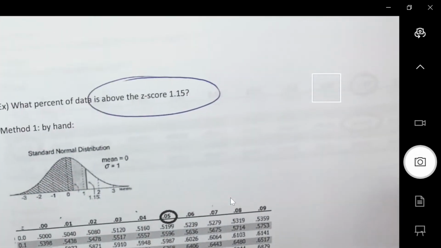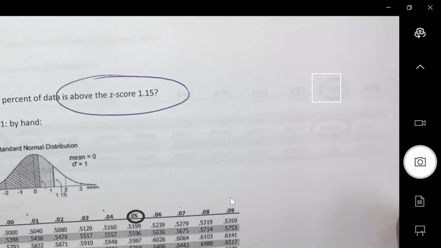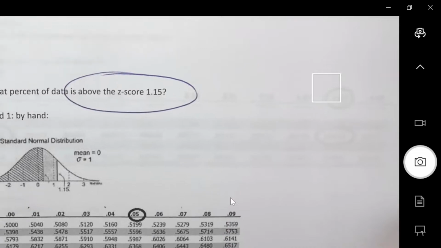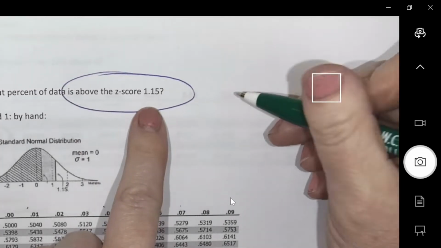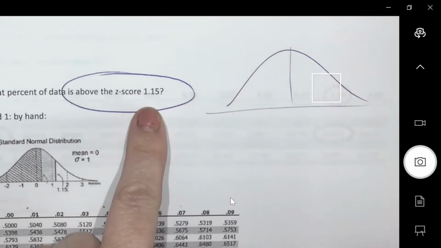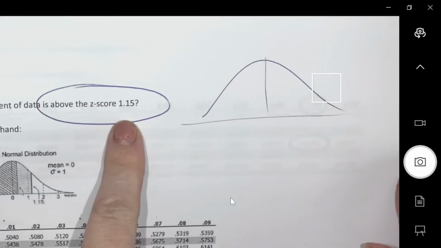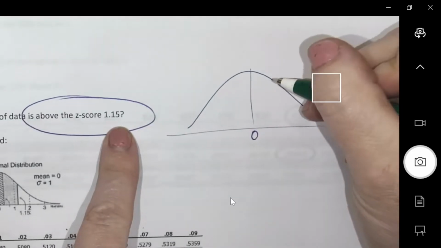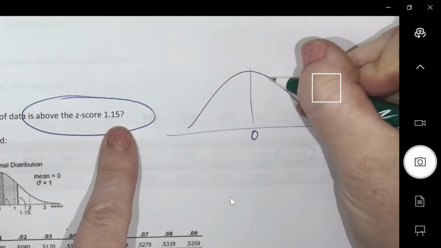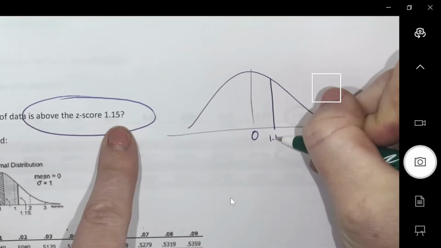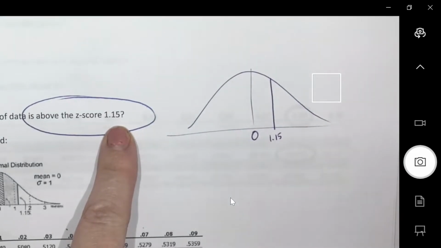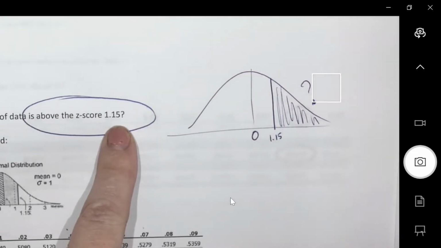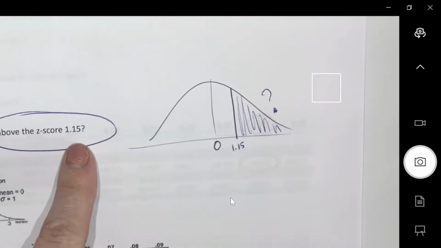Okay, here's the next question. How much data is above 1.15? So 0 is in the middle. 1.15 would be here. So my question is, how much percent is above it?